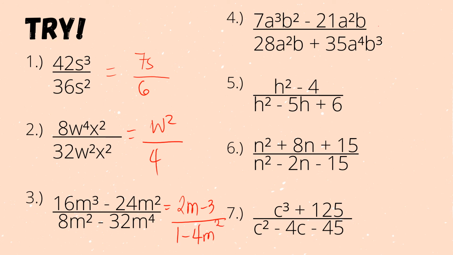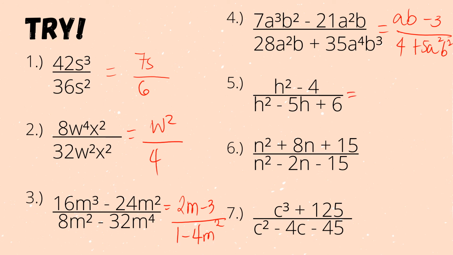And then for number 4, we have ab minus 3 all over 4 plus 5a squared b squared, so that will be the denominator. Medyo mahaba kasi, dalawang letter.